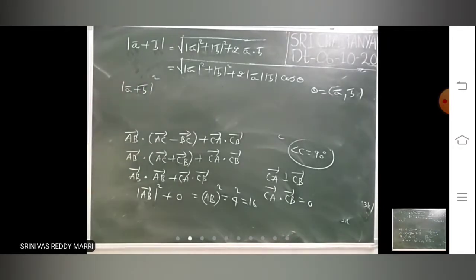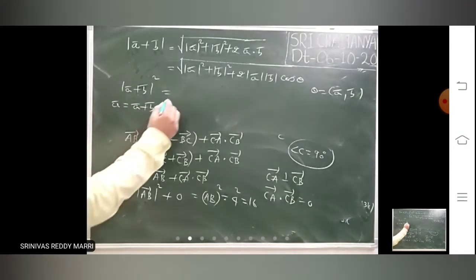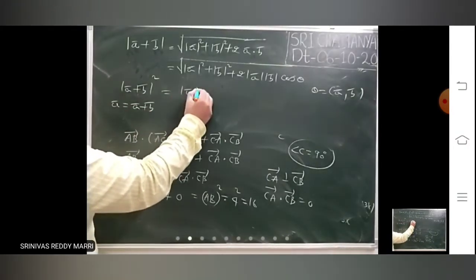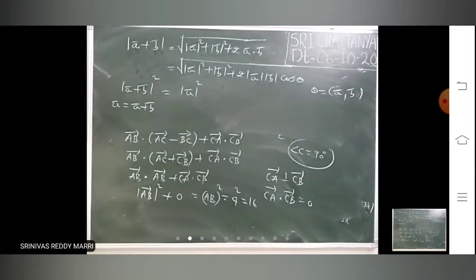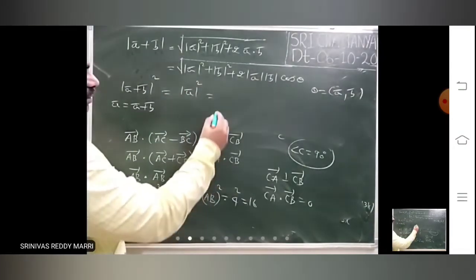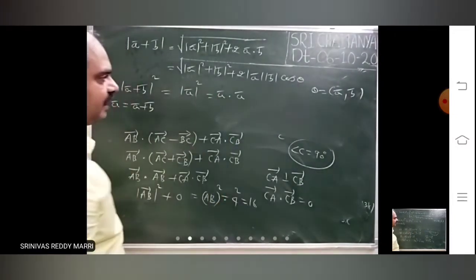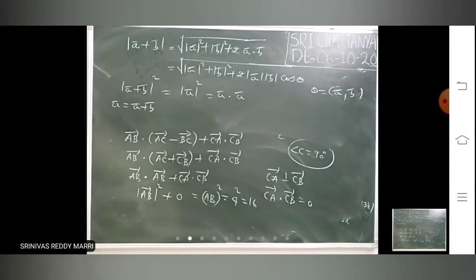This square is there, this square is there. For convenience, let us say u bar equal to a bar plus b bar. This is nothing but modulus u bar square. Modulus u bar square is nothing but, I told, u bar dot u bar.